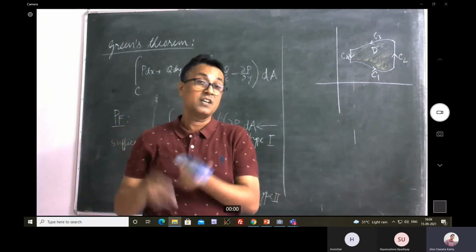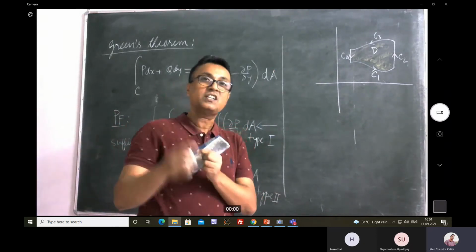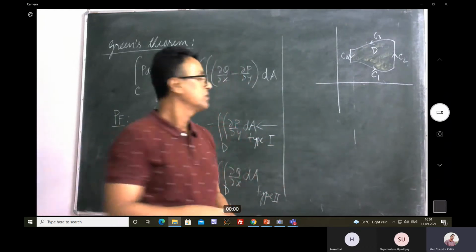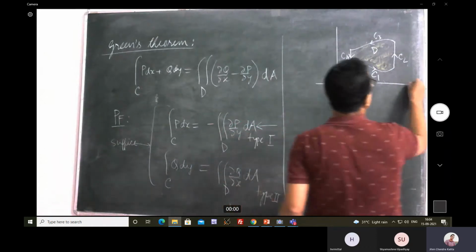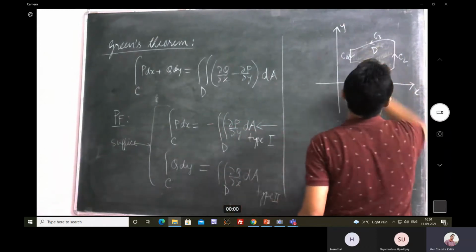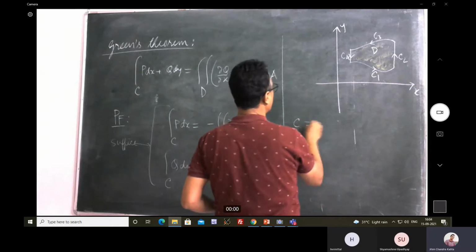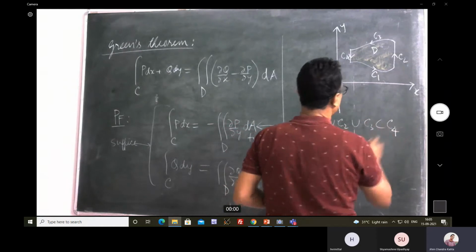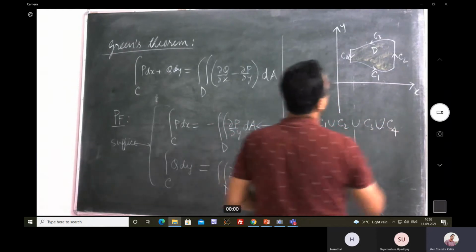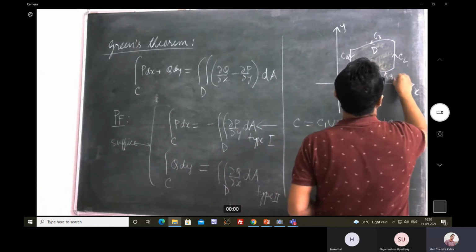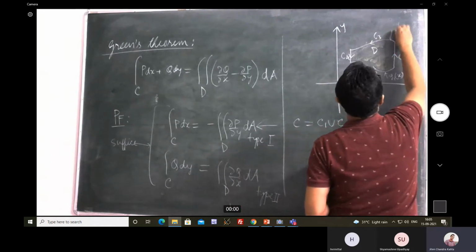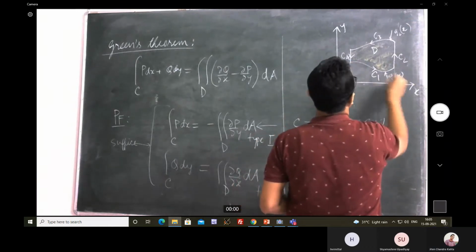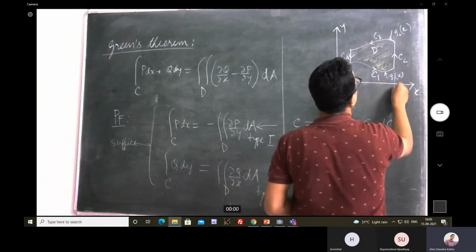But the actual situation is, if it is of both type 1 and type 2, then it is going to be like the way I have explained just previously. Okay, fine. So now, if this is my region D, which is bounded by the curve C, which is nothing but the union of C1, C2, C3, C4, and if C1 is given by y = G1(x), and C2 is given by G2(x), and x lies between a and b.